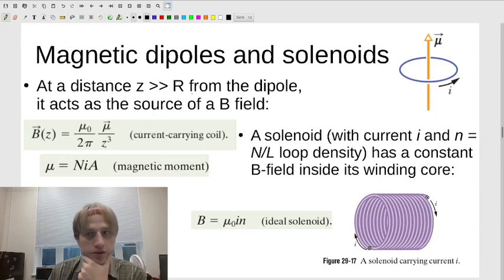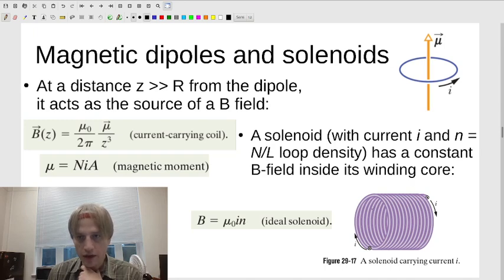And so we came up with this magnetic dipole model where the magnetic field dies off as 1 over distance cubed away from this loop of current, and we define something called the magnetic moment that also tells us about the strength of that magnet in terms of its current and how big the area is. The other model that is important, and these are the two models that we test in lab this week, is that of the ideal solenoid.